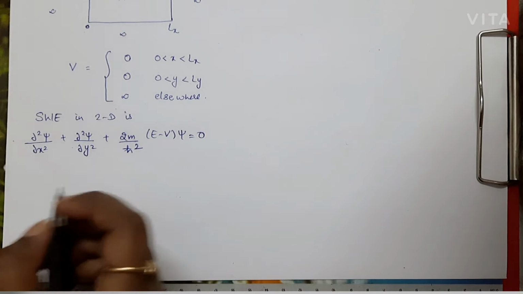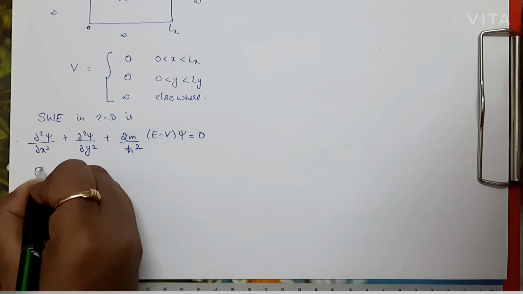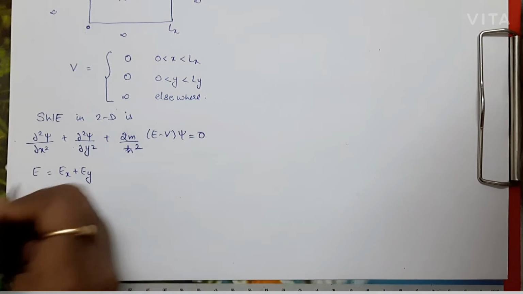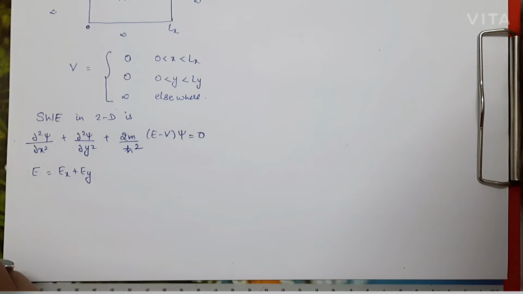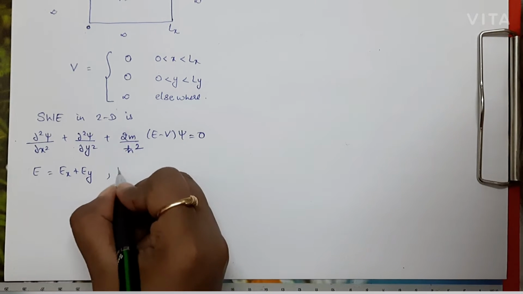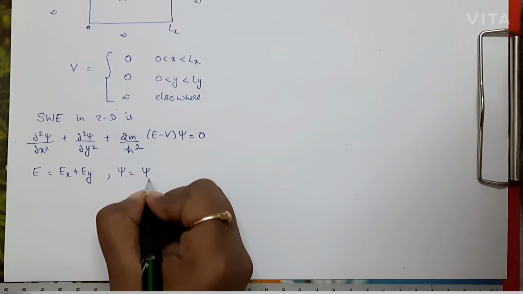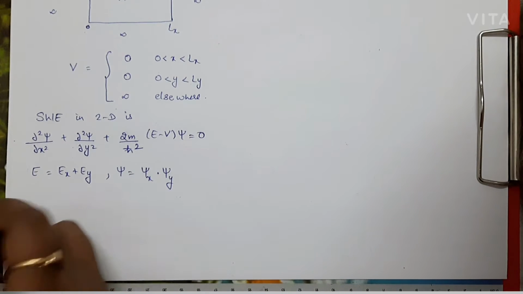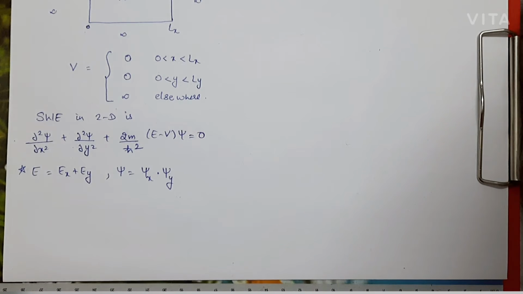Also in this equation the energy E will be equal to Ex plus Ey, because energy is an extensive property. Also the wave function psi is going to be the multiplication of psi x and psi y. These two things are really important for us. Okay, so this will be the case.